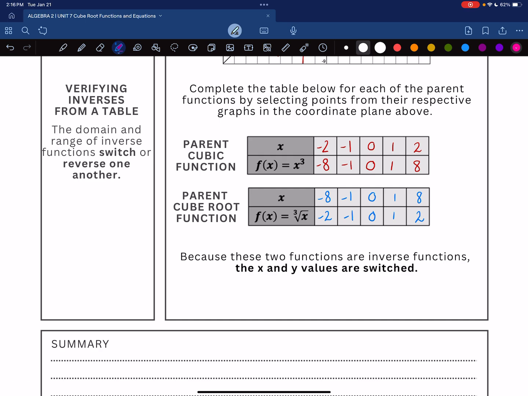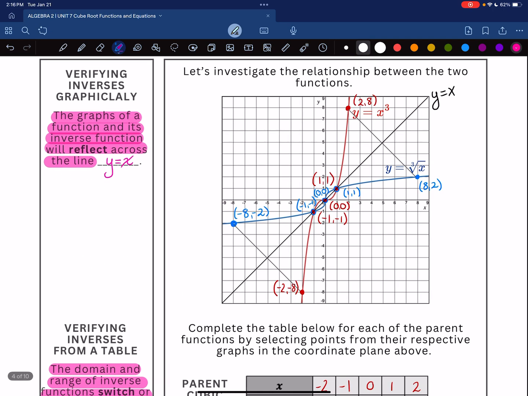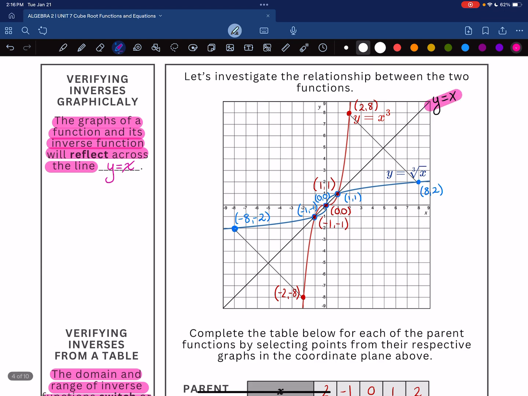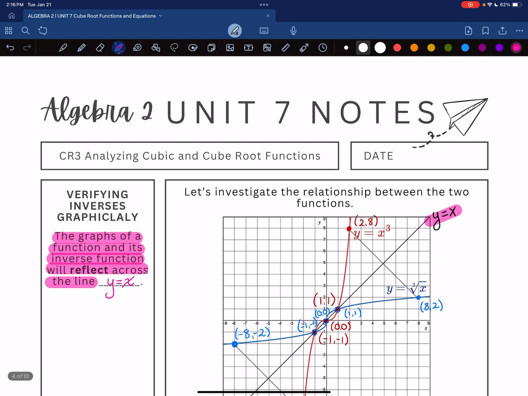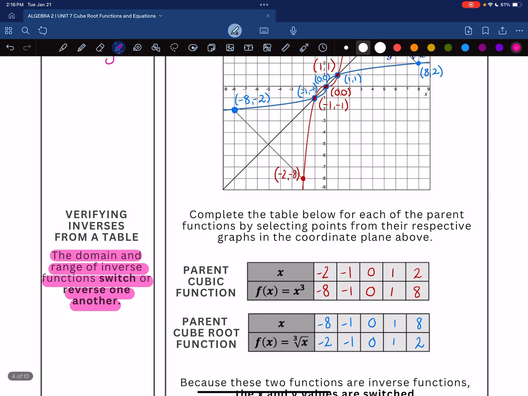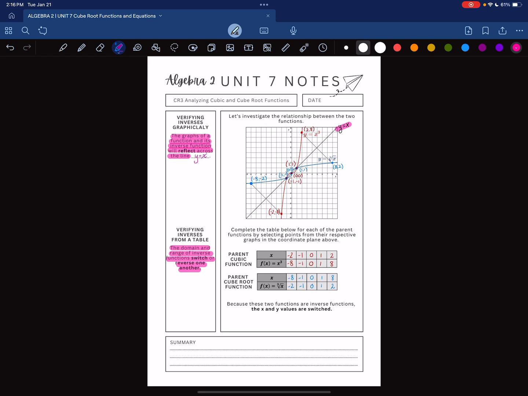The domain and the range of inverse functions will switch, or will reverse, with one another. When you graph them and look at it in a coordinate plane, those points will be reflecting across that line, y equals x. That's all I wanted to share in this video. Just a short, sweet analysis, both graphically and from a table, of inverse functions.